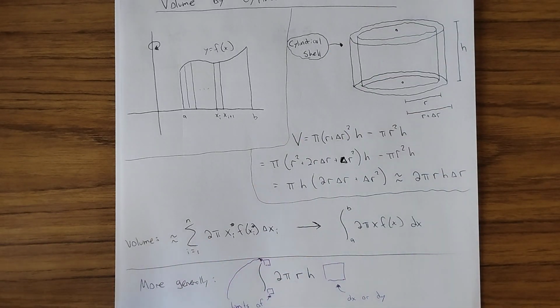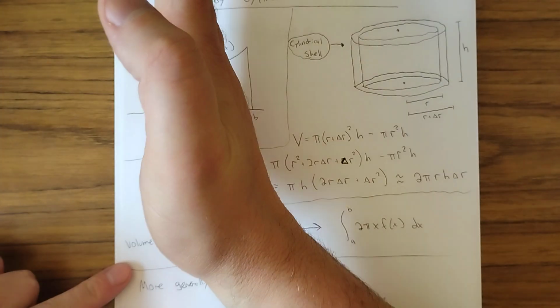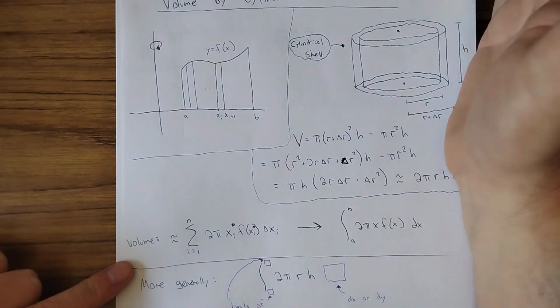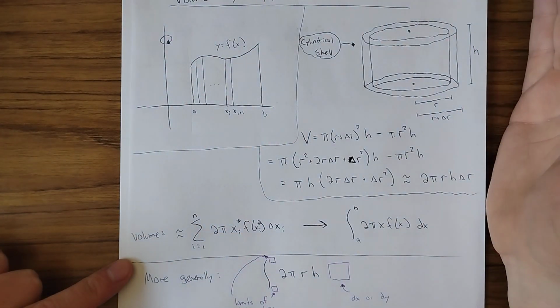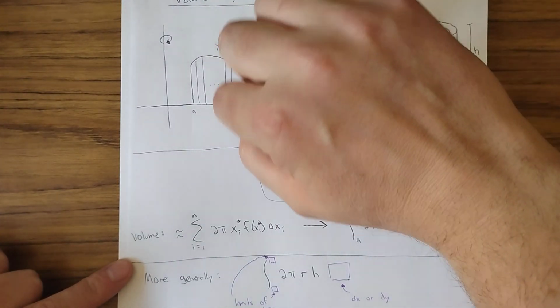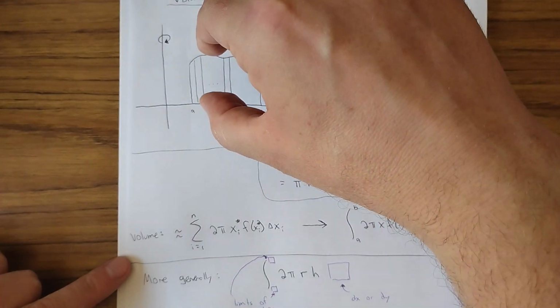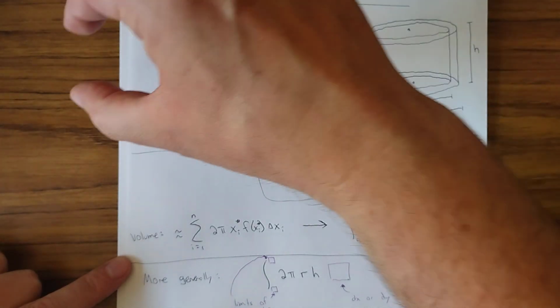It sort of means the same thing it did last time, but we're doing something different with it. A slice is like a very thin rectangle. I'm taking the shape and karate chopping it with my hand, imagining a very thin slice of my region. So I take a slice and I spin it around.